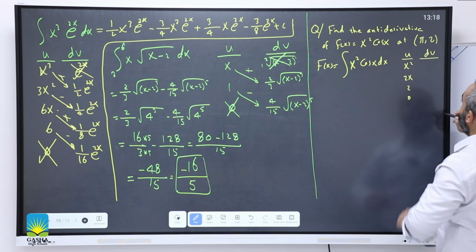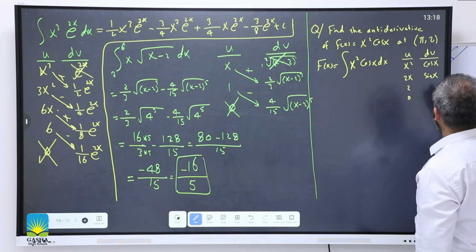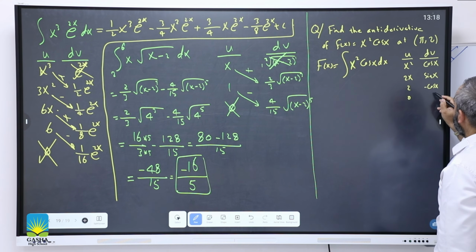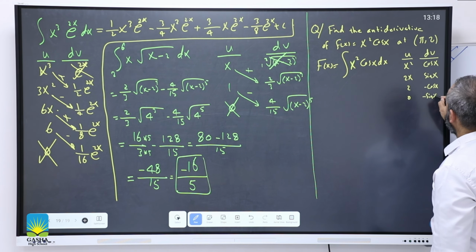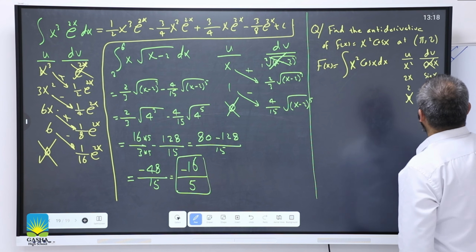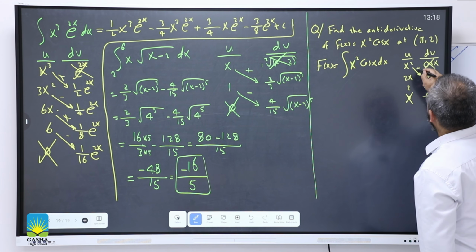And cosine x here, the integral is sine x, right? Then negative cosine x, we take the integral, and negative sine x. So we remove the 0 and the first term of the dv, and we multiply by positive, negative, positive, right?